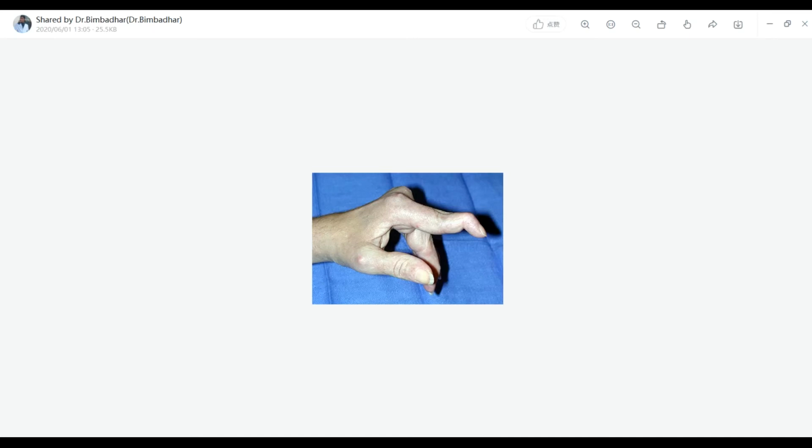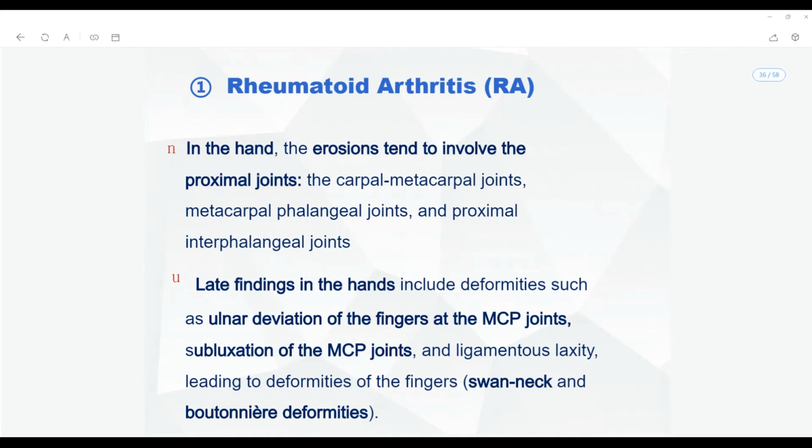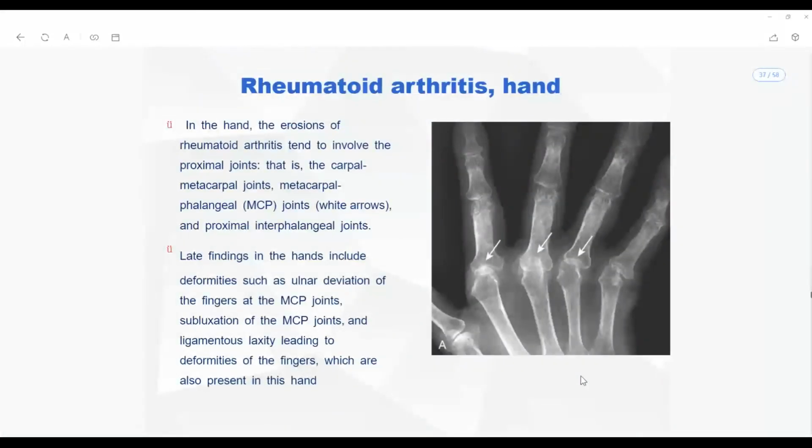Now, swan neck deformity and Boutonniere's deformity are the ones that show up the rheumatoid arthritic features. Metacarpo-interphalangeal joints. You see here, there will be a lot of osteoporotic changes, and subchondral osteoporotic erosions are seen.